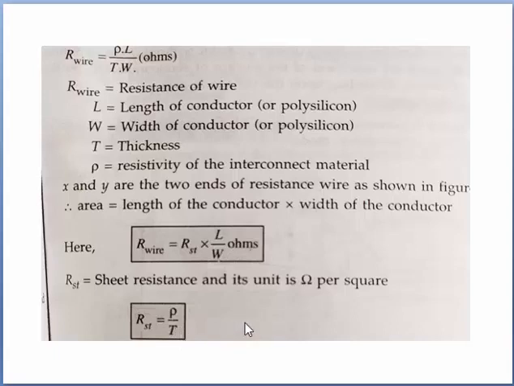So we can calculate the resistance of the conductor, but only when we know the typical sheet resistance for conductors. So we first must know the typical values of sheet resistance, that is R sheet, for conductors for particular NMOS devices, PMOS devices and CMOS devices. Similarly, we can estimate the resistance of non-rectangular regions.